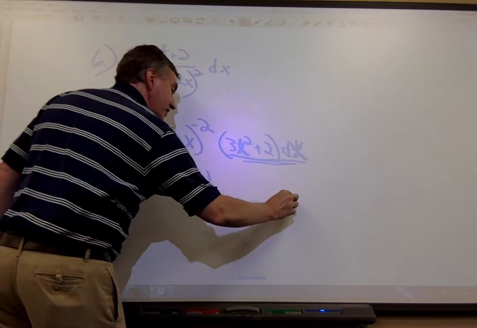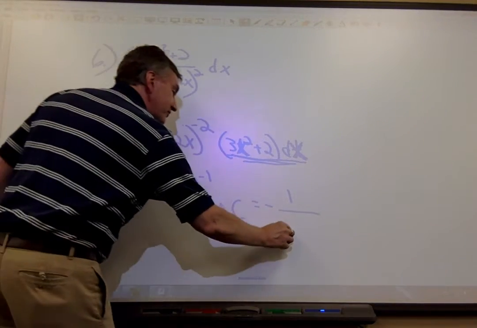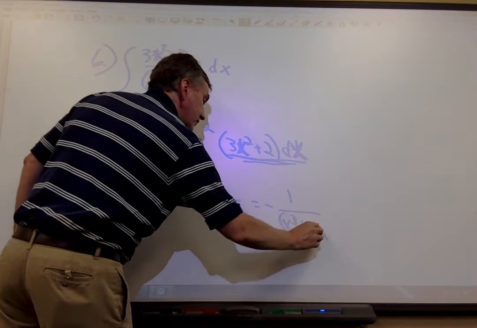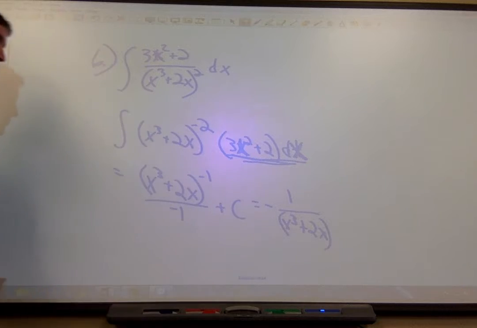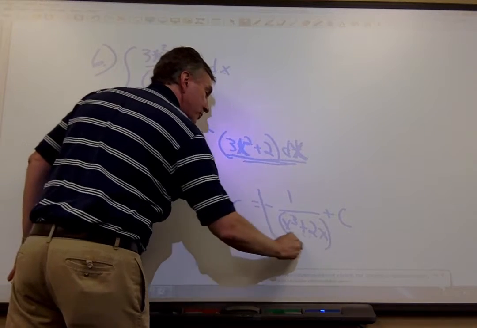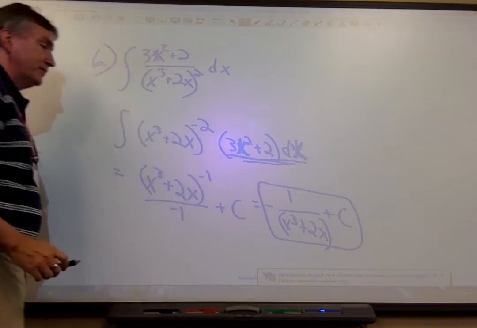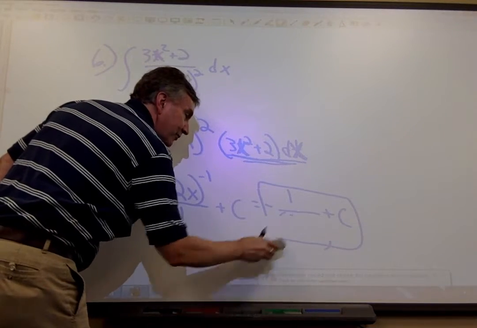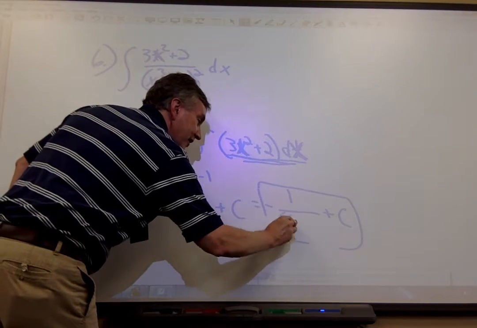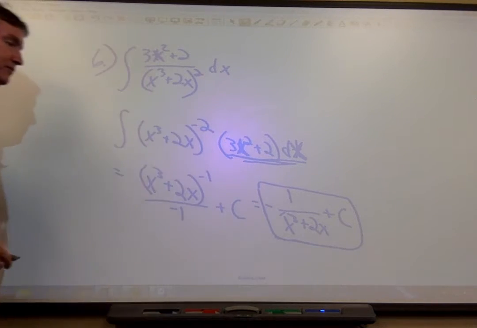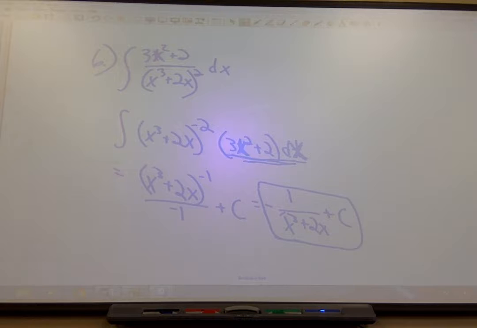So would you say negative 1 over x cubed plus 2x to the first plus c? I don't need parentheses there, do I? Because there's no power except for 1. So just to make it look better, I would say x cubed plus 2x with no parentheses there. Okay?